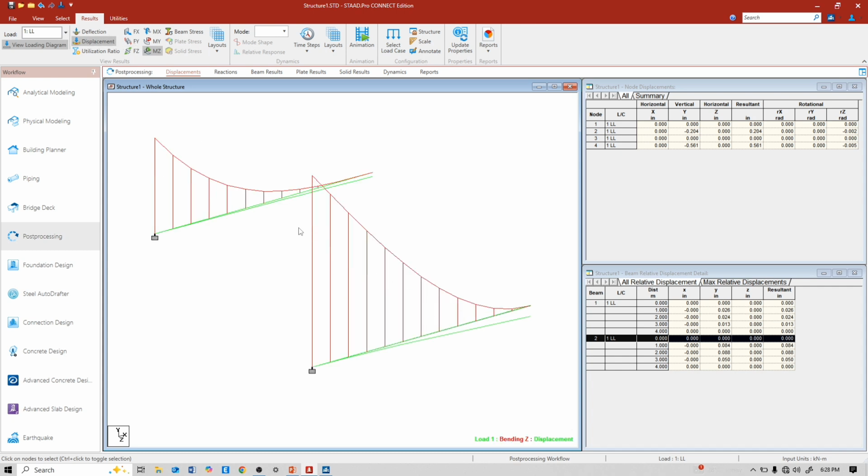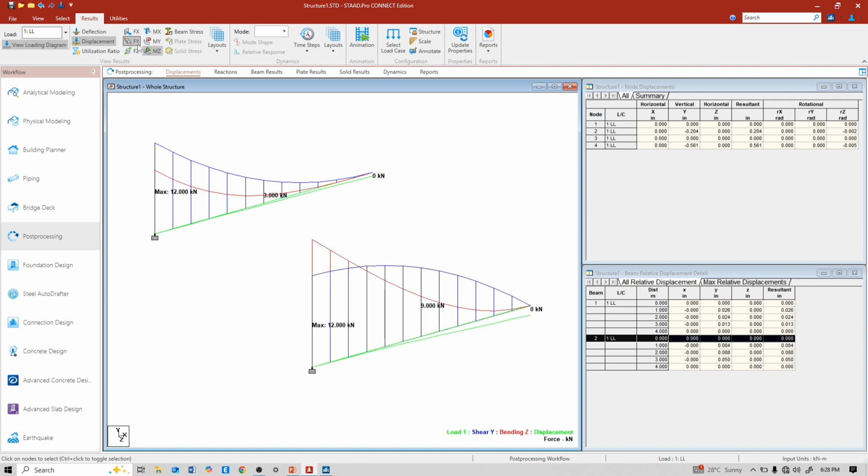See this bending moment is the same, because at fixed end, in both, shear is maximum. Shear is maximum at one location, the same location, that's why bending moment is the same. But we changed our load, that's why this SFD is changed here.